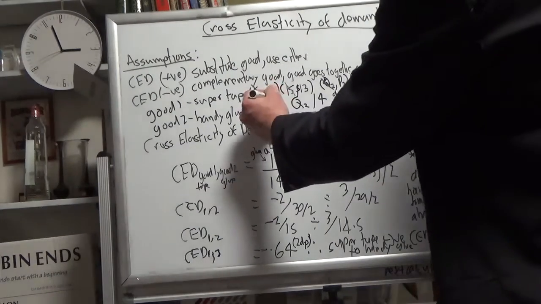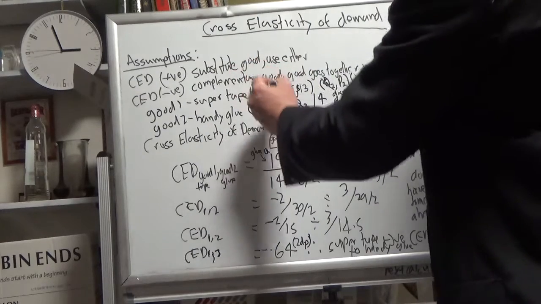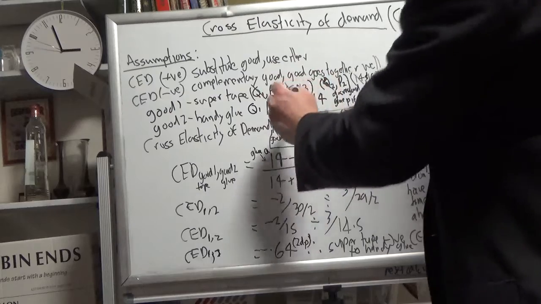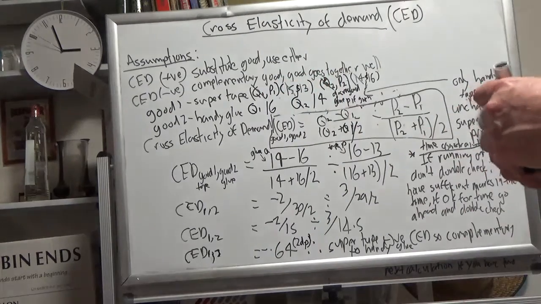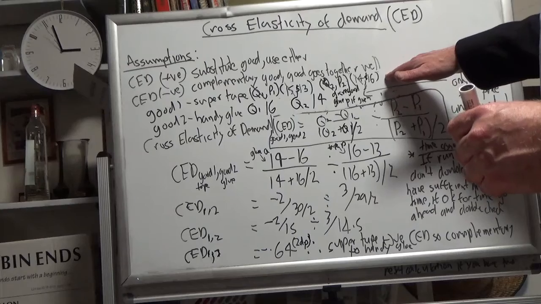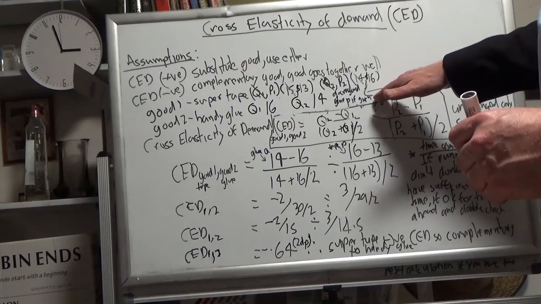So just cross out any glue prices. Here you crossed out the quantity of Super Tape. Here you'd cross out the prices of handy glue if they were available, so you don't get confused. So step 1 is price change in Super Tape, and you're looking at quantity demanded of handy glue, the other good.